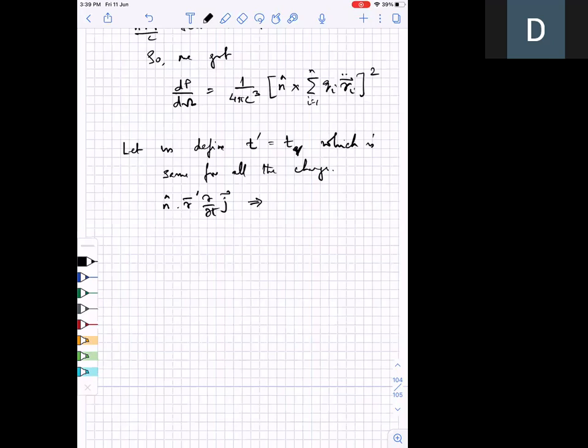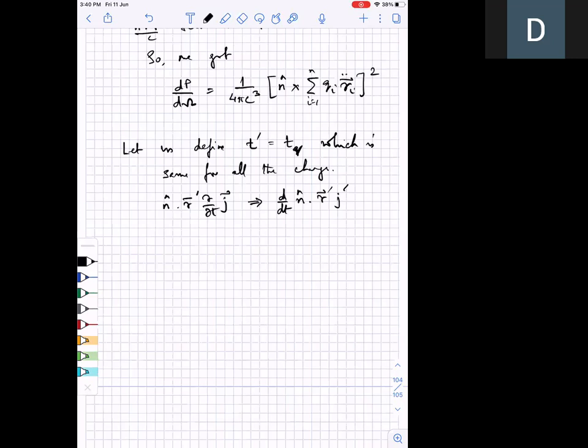They are the same. This del t becomes a d dt basically. d dt of n cap dot r prime j prime. This is what happens.